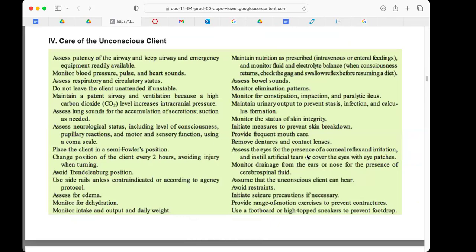So, assess the eyes for the presence of the corneal reflex. You can do that by opening the eye and moving your finger towards the eye to see if they would blink. And also, if they are unconscious and don't keep their eyes closed, we can tape their eyes closed because we don't want their corneas getting scratched and irritated and dry.